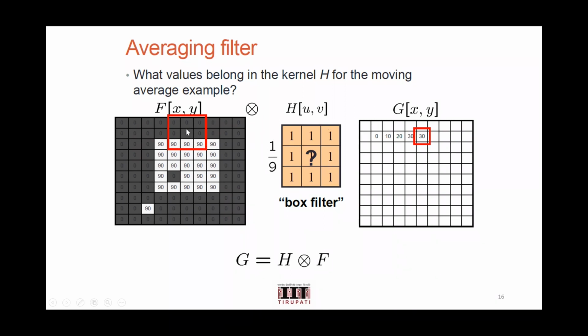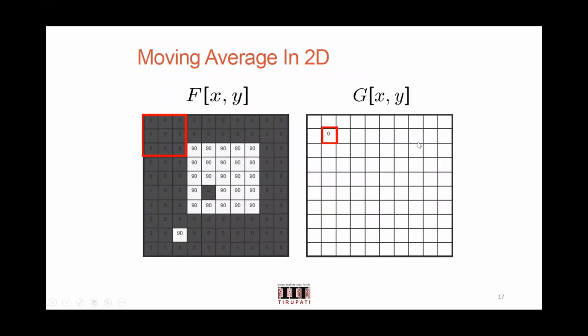Suppose you want to find out the value at this location, all you do is you put this filter here and see what's going to happen. You are going to get, for example, 270 here, 270 divided by 9, that's 30, that's the value that would come there. And then you want to compute the value, let's say at this location.